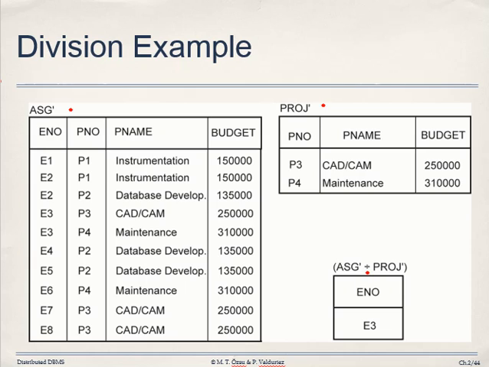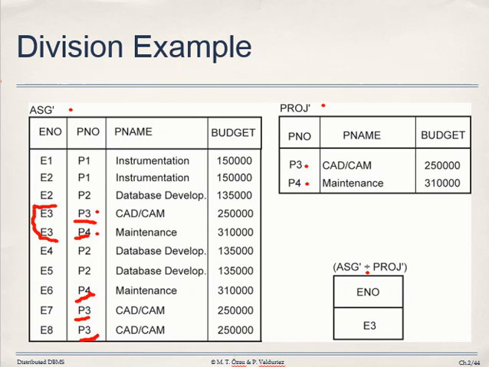So start with P3, project number P3, and here we have P4. Now underline all the P3 and P4 records. Now check out the division operation. This P1, P3 and P4 is associated with which employee? E3.